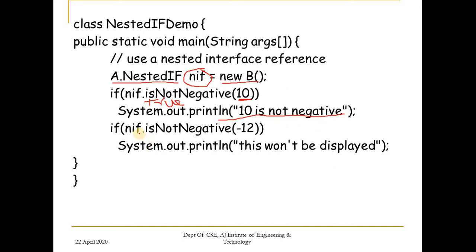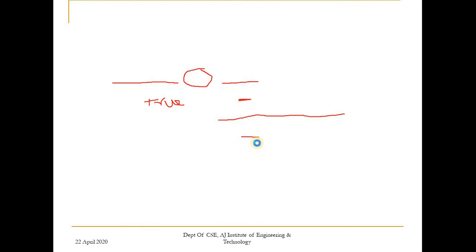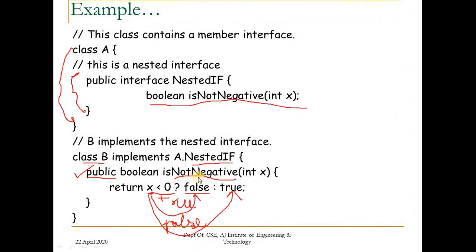See one more. If over here I call NIF dot is not negative, I pass the value minus 12 here. When I pass minus 12, minus 12 is less than 0. It is true. If it is true, then it will return false. So is not negative is going to return false.